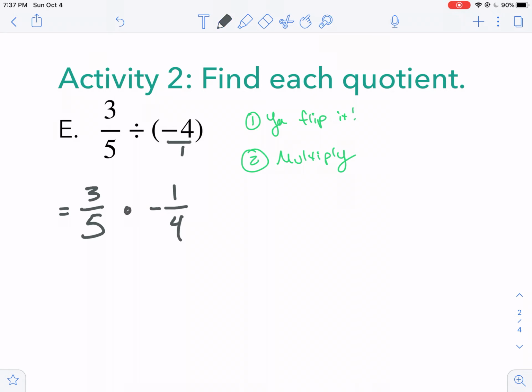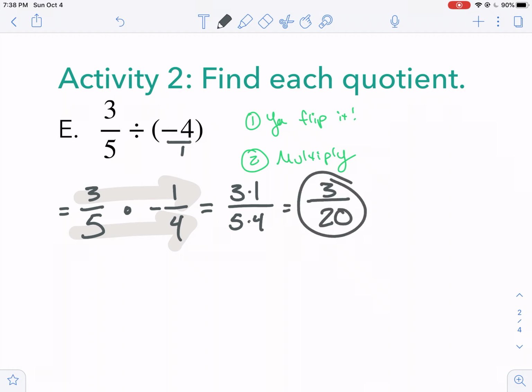We multiply. Boom. And now we can do the pretty straightforward multiply across, giving us 3 times 1 over 5 times 4, which is 3 over 20.